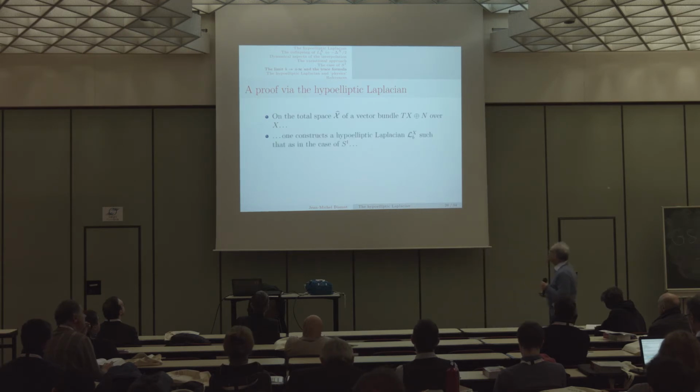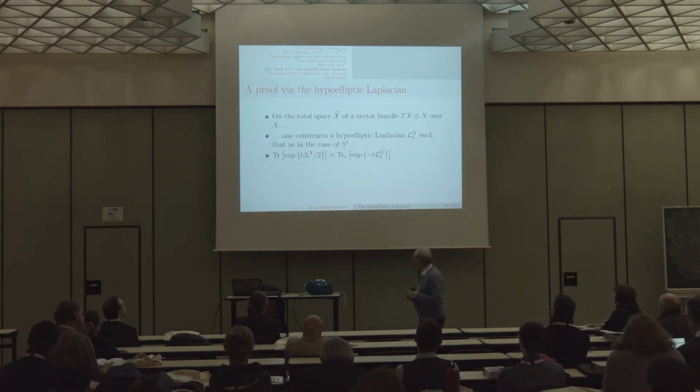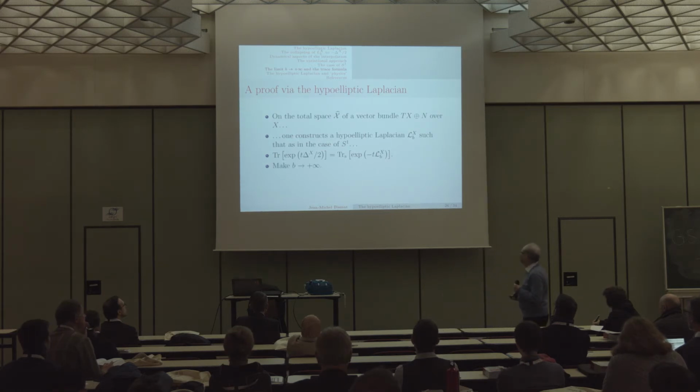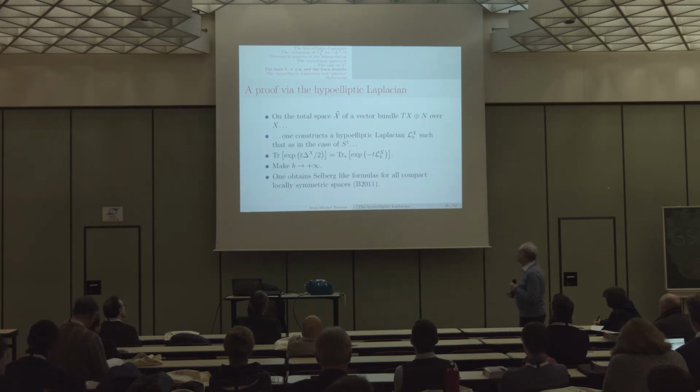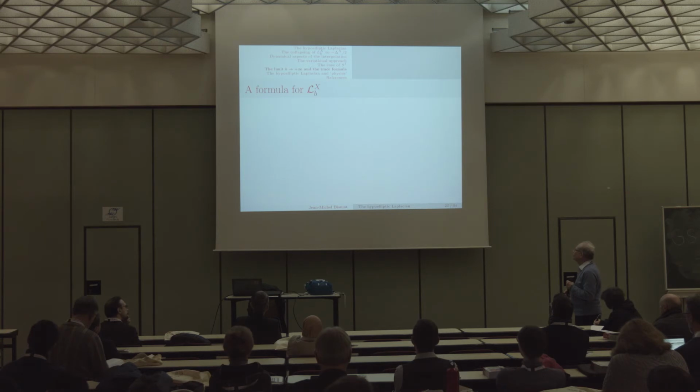And so this operator LBX is such that, exactly as in the case of S1, the trace of the heat kernel is given by the supertrace of the heat kernel on this bigger space with this bigger hypoelliptic operator. So when b tends to infinity, we obtain a Selberg-like formula for all so-called compact locally symmetric spaces by interpolation.